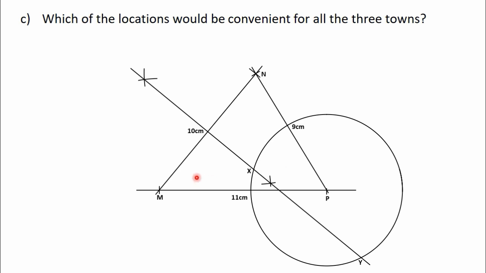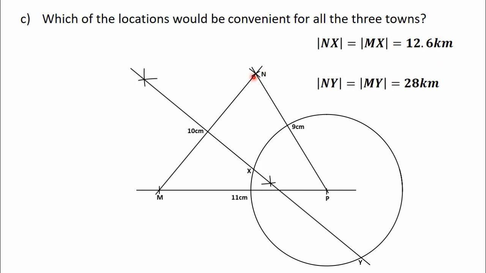So we have to consider traders from town N and traders from town M. We have seen from the second part of the question that the distance between town N and location X is the same as the distance between town M and location X, and both of them is 12.6 kilometers. We have also seen that the distance between town N and location Y is the same as the distance between town M and location Y, and both of them is 28 kilometers.